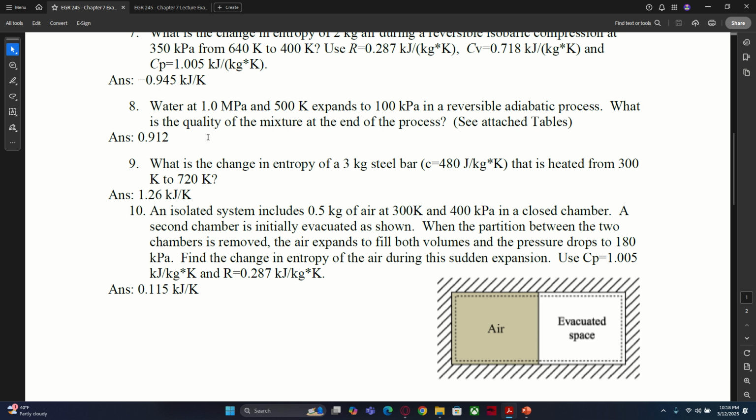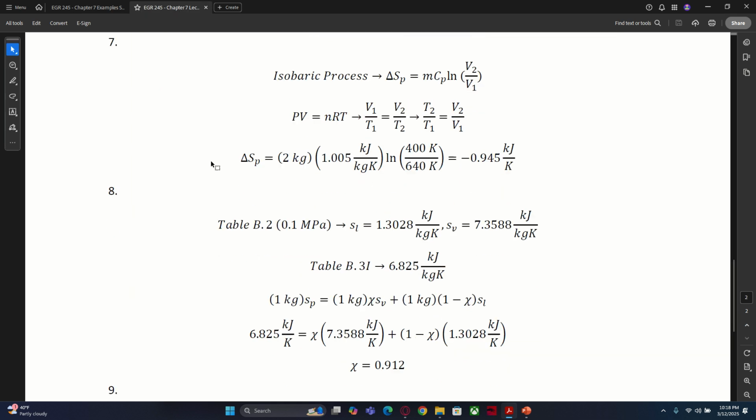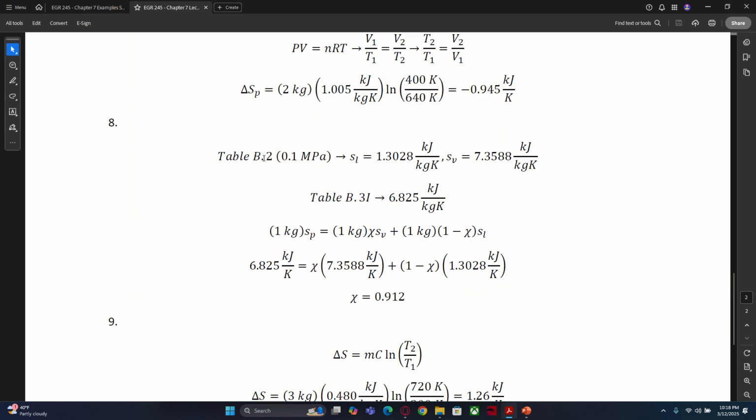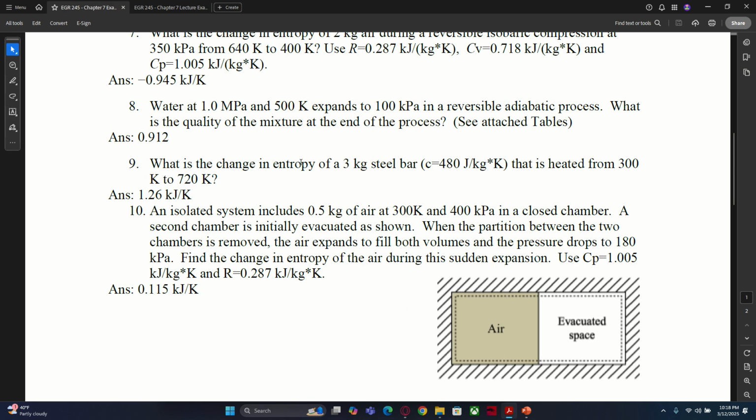What is the quality, chi, of the mixture at the end of this process? And we're going to need our tables for this problem. Well, let's look at what we're working with. For table B2, we're going to look for 0.1 megapascals, or in other words, 100 kilopascals divided by 1,000.